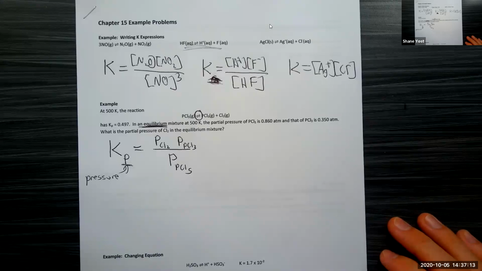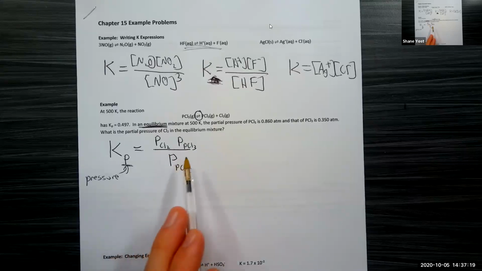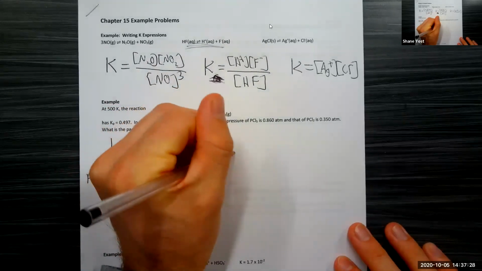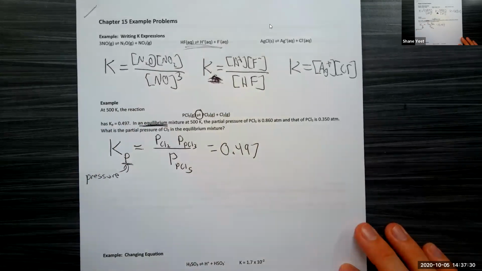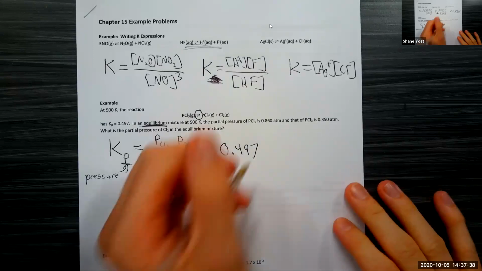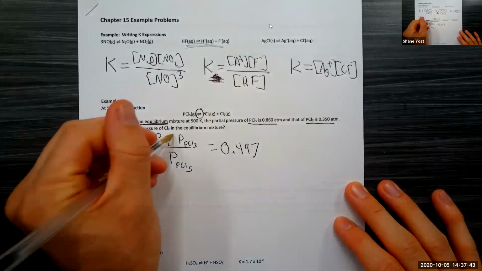This equilibrium constant expression tells me that at equilibrium, the ratio of the pressure of Cl2 times the pressure of PCl3 divided by the pressure of PCl5 has to equal 0.497. Always, every time, once equilibrium is reached, that is what that ratio will equal. So I just need to plug in the pressures given in the problem to solve for the pressure I need.